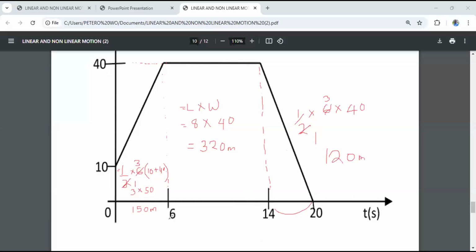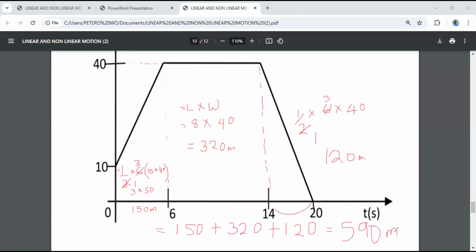So that means that our total distance is equal to 150 plus 320 plus 120. So when you add that, you will get your answer as 590 meters. So our total distance is 590 meters.